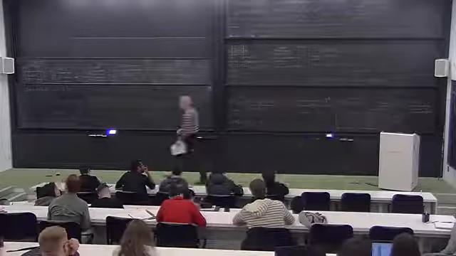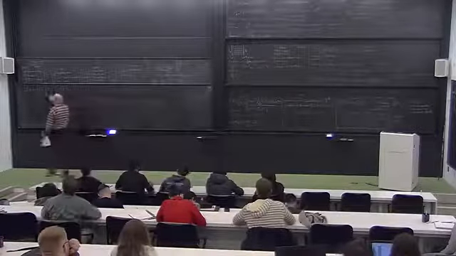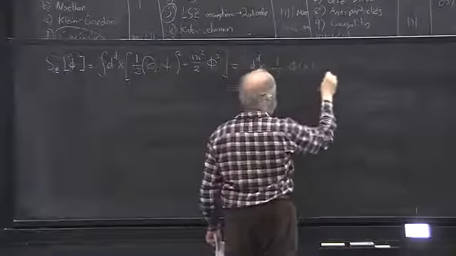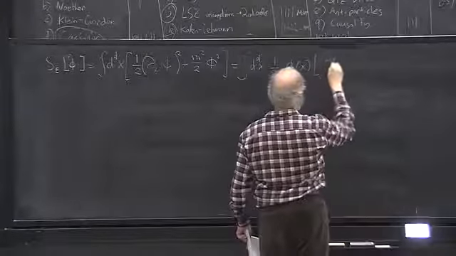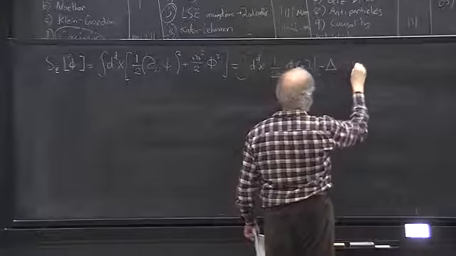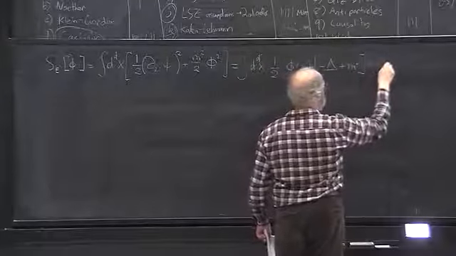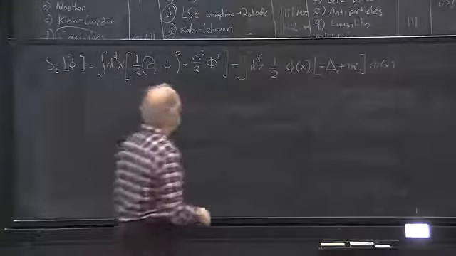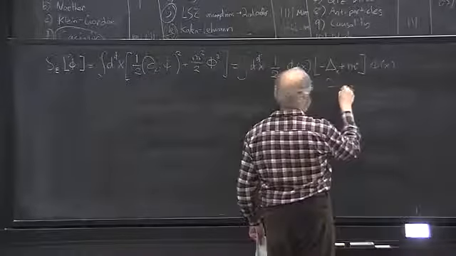So we can rewrite this, by just partial integration, as the integral over x of 1/2 of phi of x times the operator minus the Laplacian plus m squared acting on phi of x, where this is the Laplace operator with respect to x.